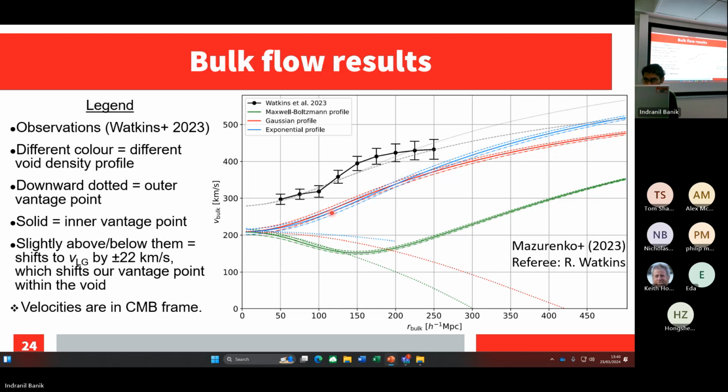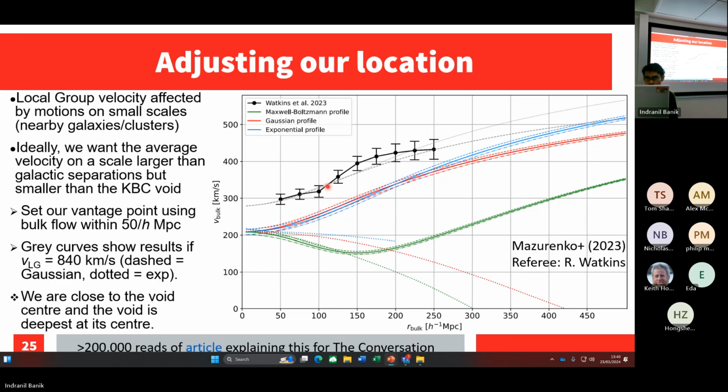Now you might be wondering, what about these gray curves? That is actually quite important. When we constrain our location in the void using the local group peculiar velocity, I argue that's the largest scale to which you can reliably transform the sun's velocity.